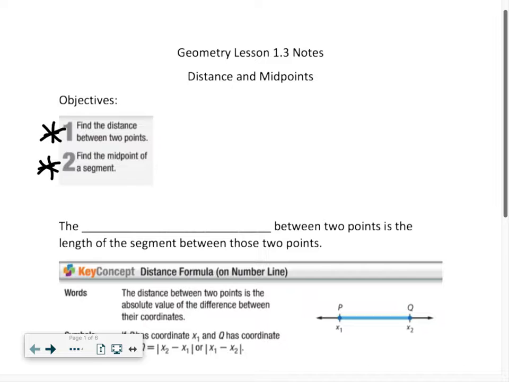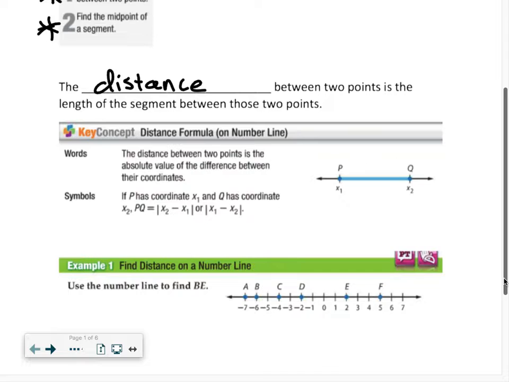So the distance, that's our first thing we're going to work on. The distance between 2 points is the length of the segment between those 2 points. And so we'll go with distance formula on a number line. The distance between 2 points is the absolute value of the difference between their coordinates.